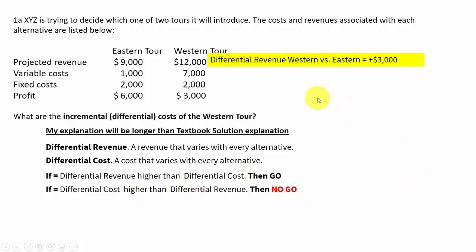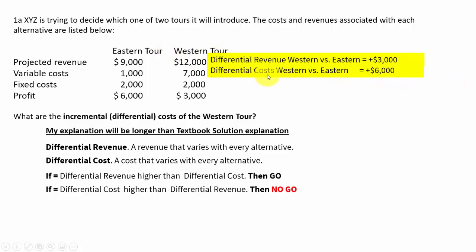Now, again, they don't want all this, but I'm going to give it to you anyway. If you're looking at the difference between Western Tour and Eastern Tour, the differential revenue, Western versus Eastern, is a plus 3,000. They have 3,000 more in differential revenue than Eastern does.